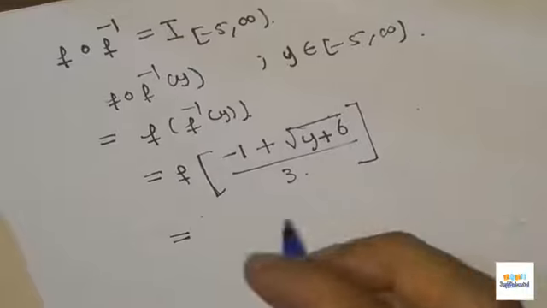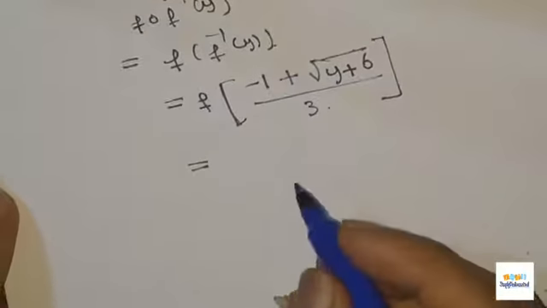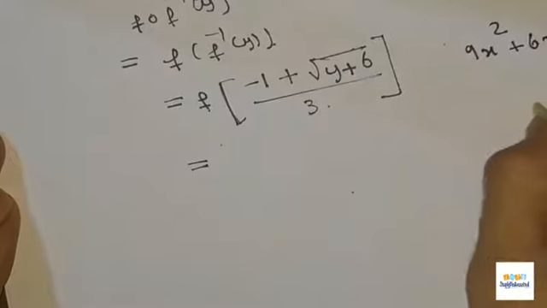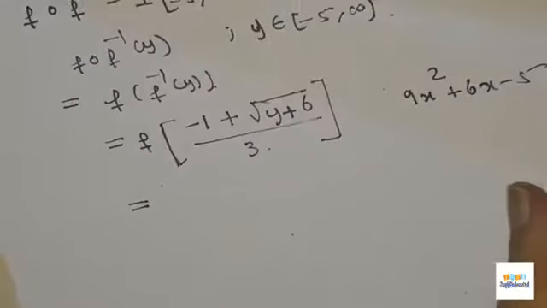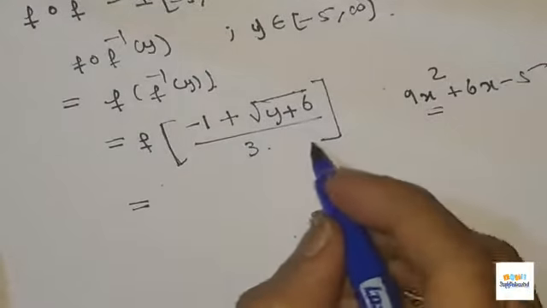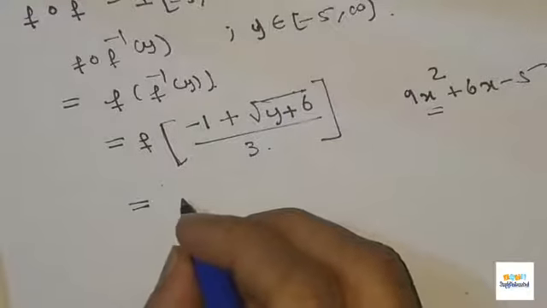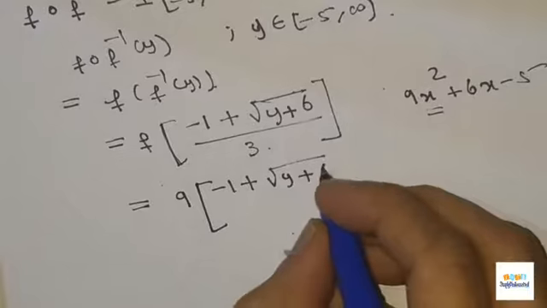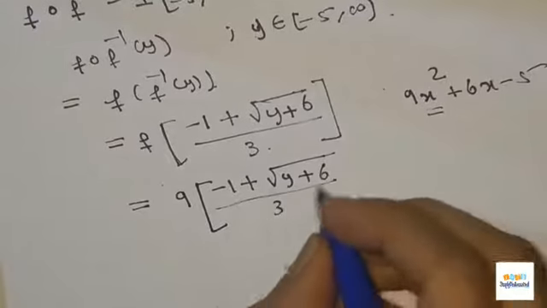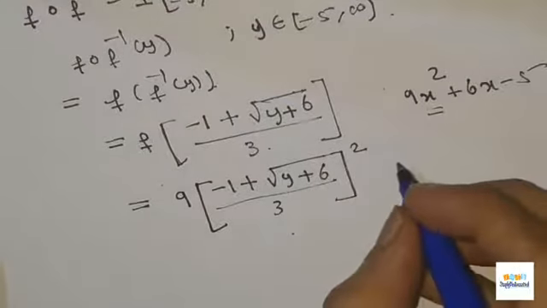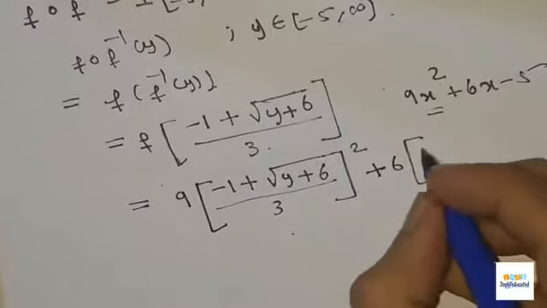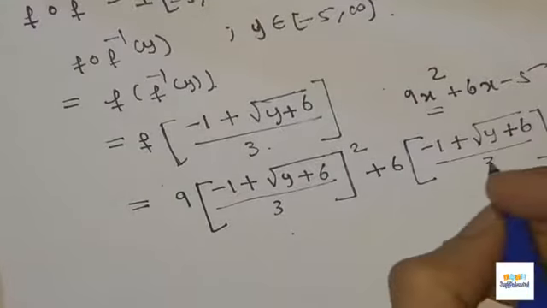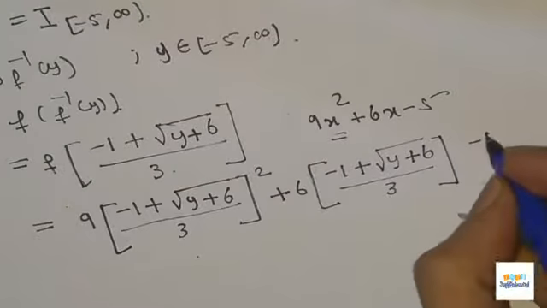Now you know that the definition of function fx is 9x square plus 6x minus 5. So in place of x we have to put this, right? So what we will get is 9 multiplied by minus 1 plus root of y plus 6 divided by 3 the whole square plus 6 times minus 1 plus root of y plus 6 divided by 3 minus 5.